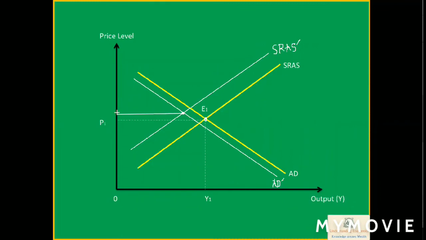In the new equilibrium, the price level will be higher and the output will be falling. This is our final output and this is our final price level. So we can see there is an increase in the price level and a decline in the output. Now we will look at the second scenario.